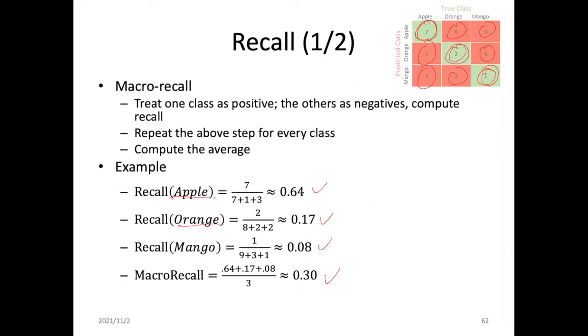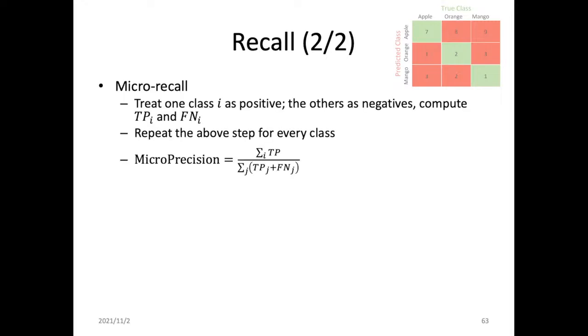For recall, we talked about macro recall already, right? We just compute a recall for each class and then average them. That's macro recall. Micro recall is very similar, because the original definition of recall in binary classification is TP divided by TP plus FN, and we just extend the definition here.